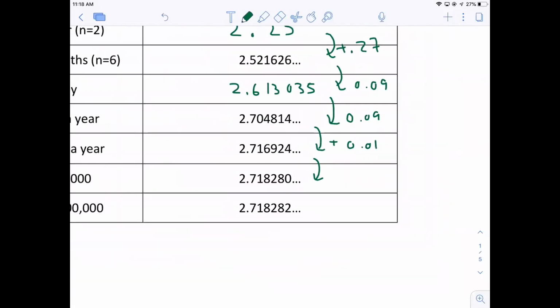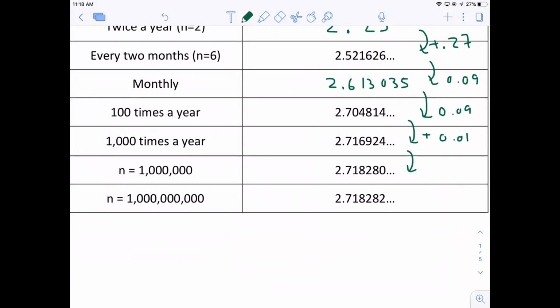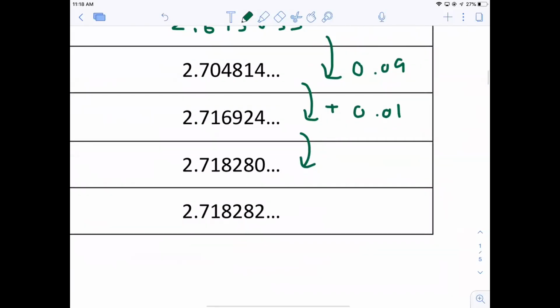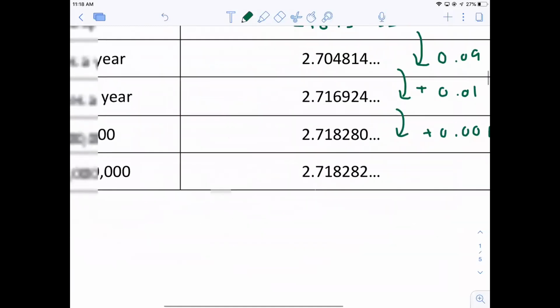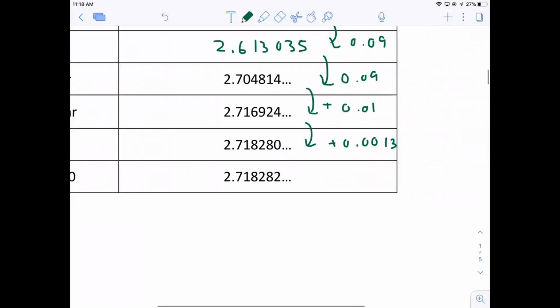And then when we go from compounding 1,000 times a year to 1,000,000 times a year, that's less than 1 cent. It looks like plus 0.0013-ish. Then we go from 1,000,000 to 1,000,000,000.